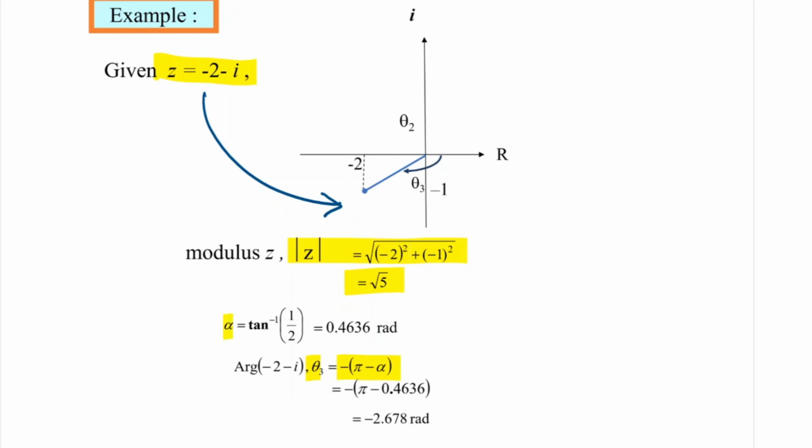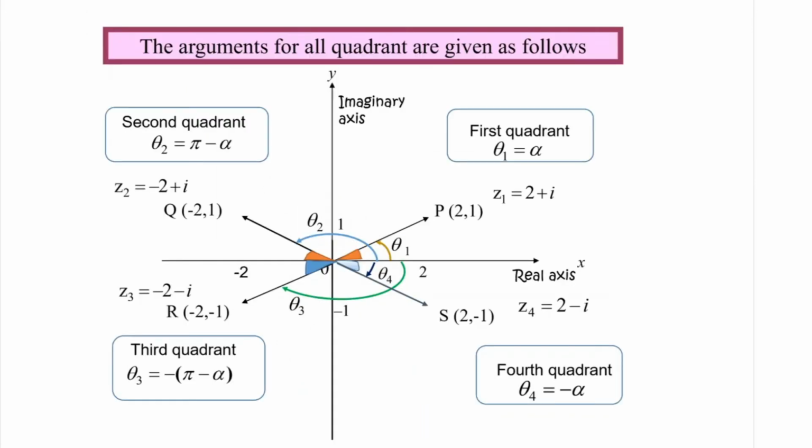Alpha is basic angle. So we have the answer negative 2.678 radian. The following diagram is a summary for the argument of all quadrants.